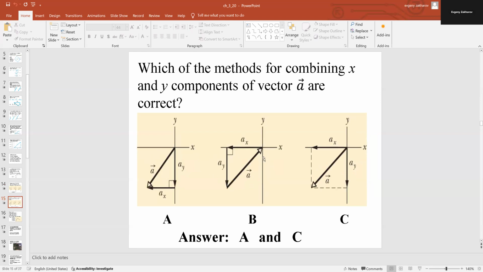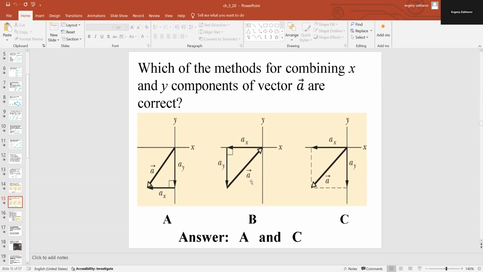What's wrong with option B? A sub x plus a sub y, everything's fine, but then see how the direction of the final vector is opposite to what it should be. You can't choose direction randomly just because you want it this way. You're going to get something different.